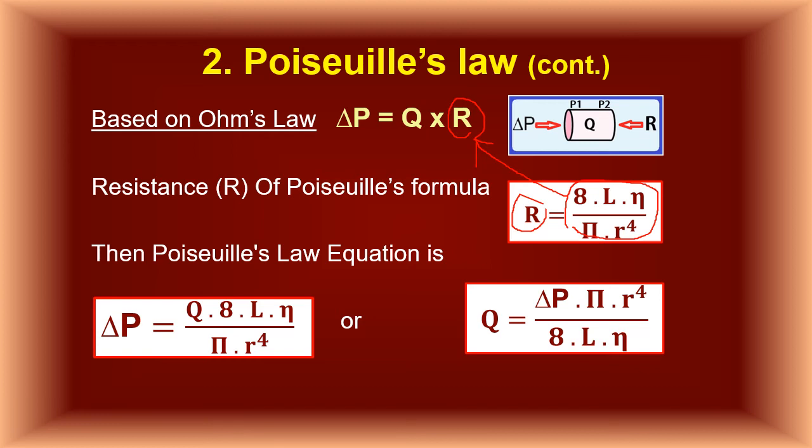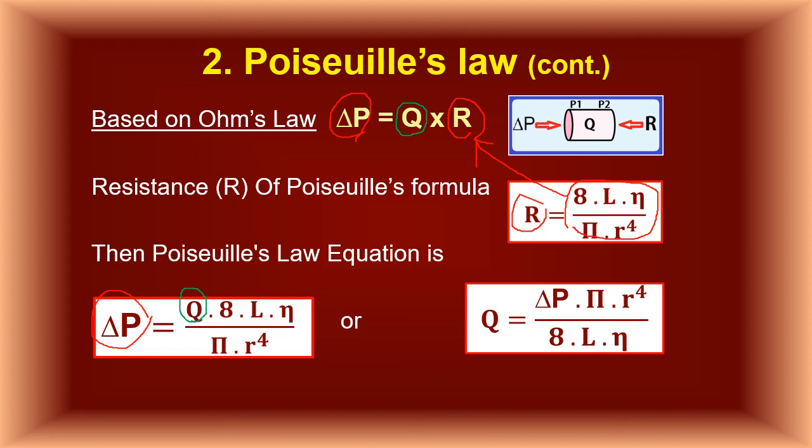What is this formula? As we see here, we have delta P equals Q. I keep Q the same, and delta P is the same. What happens?